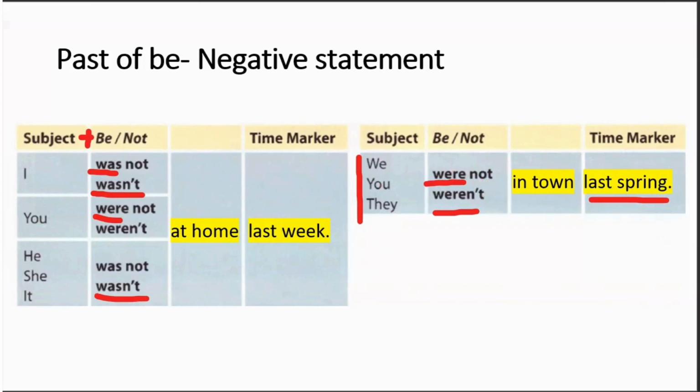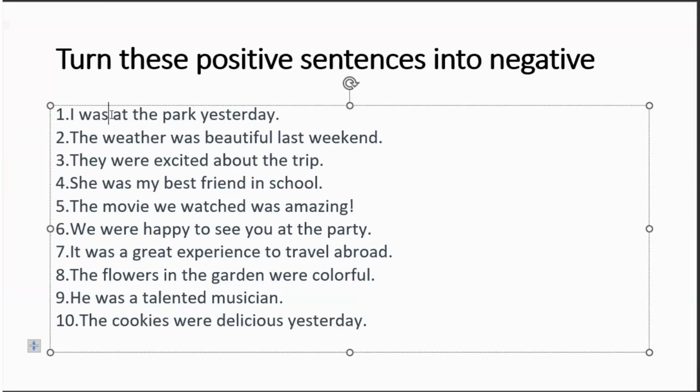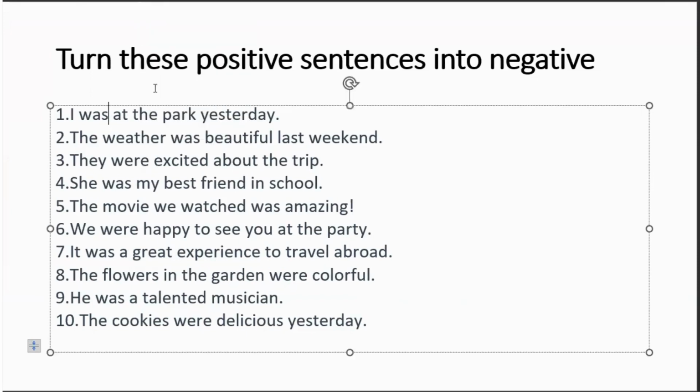Let's look at some examples here. I have written some statements, the same positive statements we used in the previous examples, and we are going to turn these sentences into negative sentences. So what are we going to do? I was not.